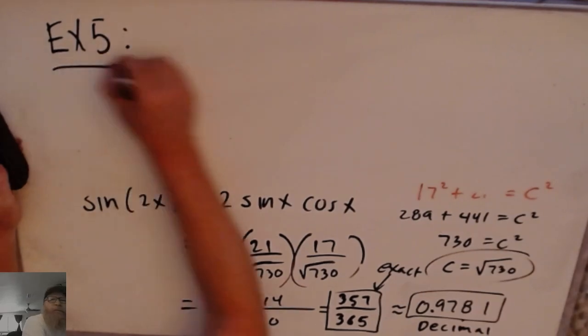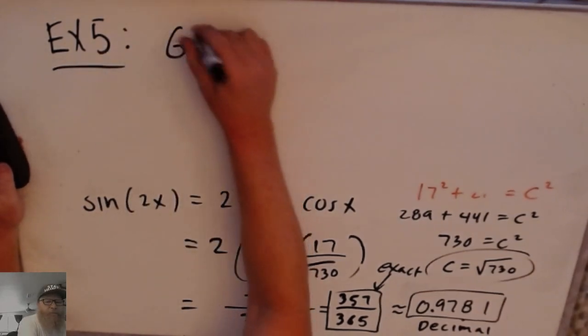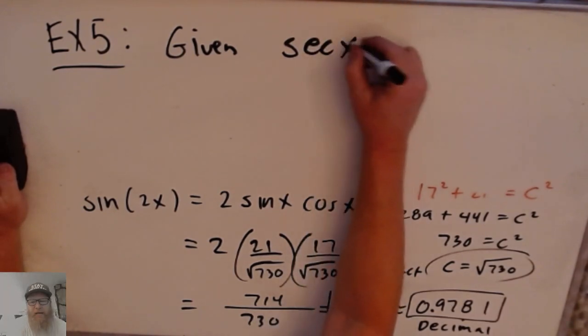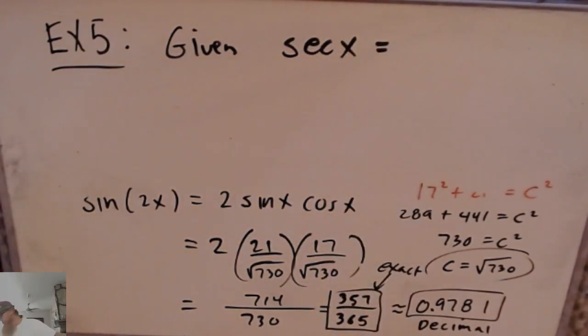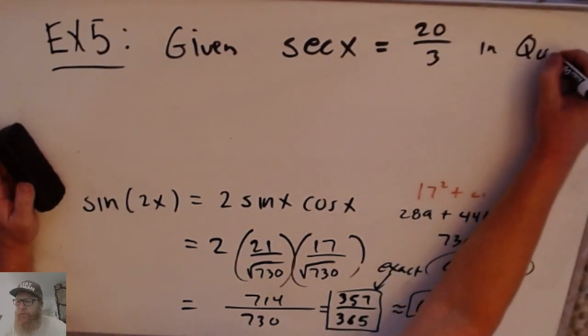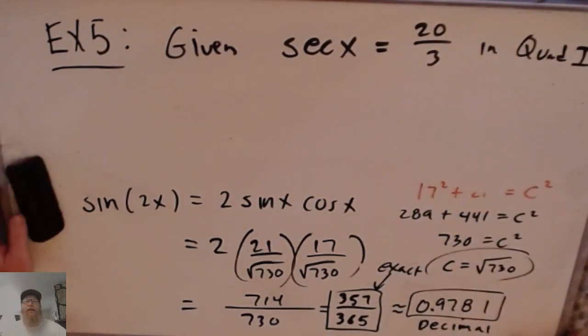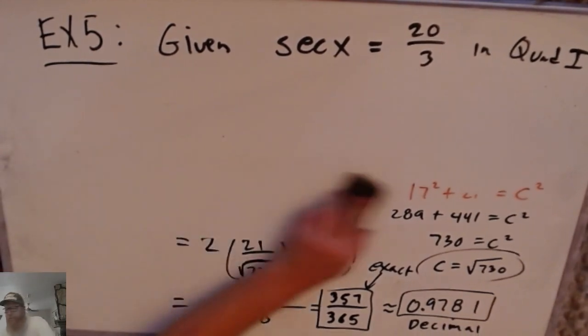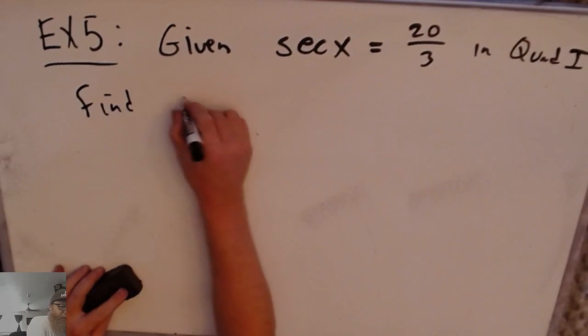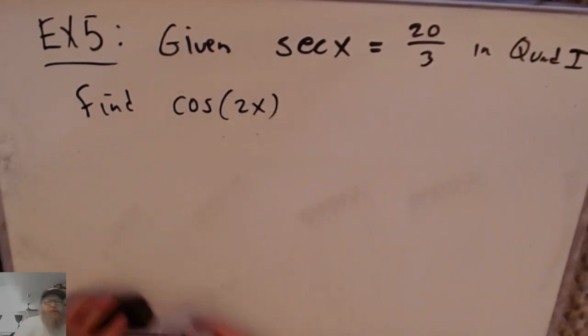Suppose you're given that secant of x is equal to 20/3 in quadrant 1. We'll get out of quadrant 1 in a minute. Find cosine 2x.